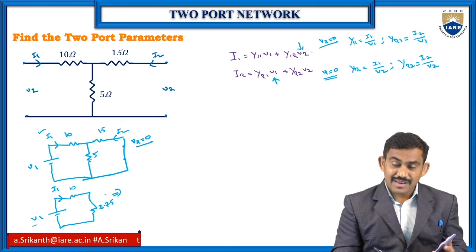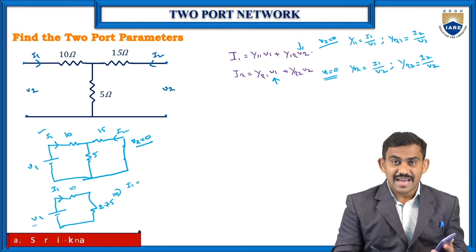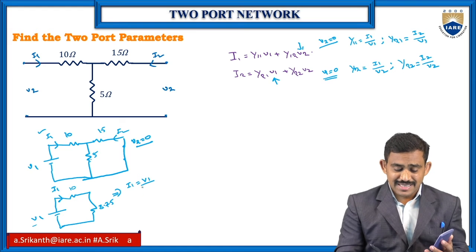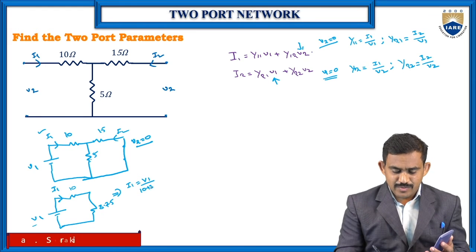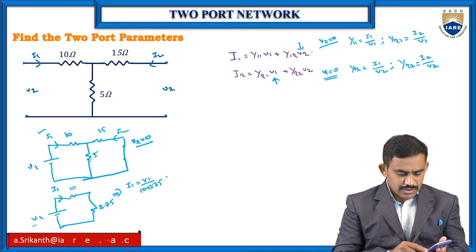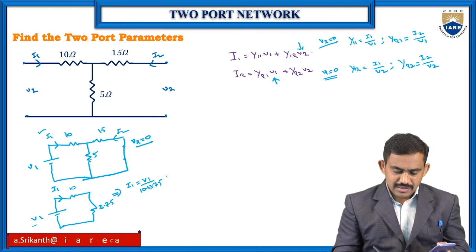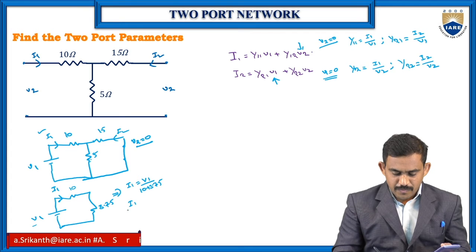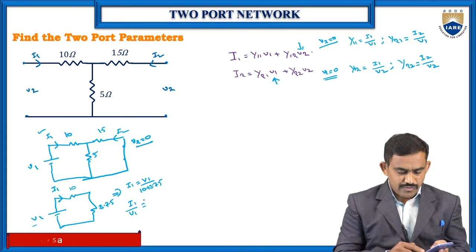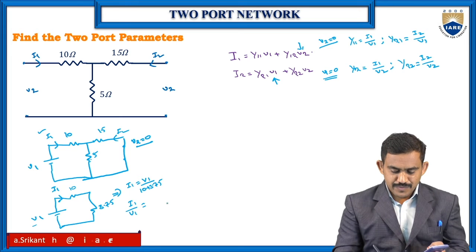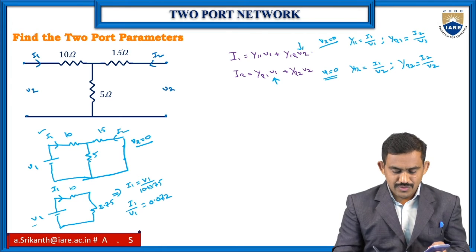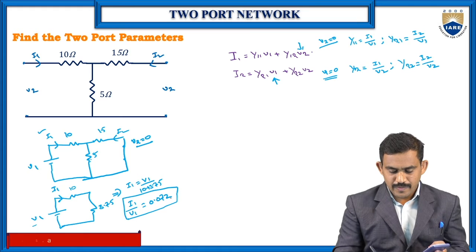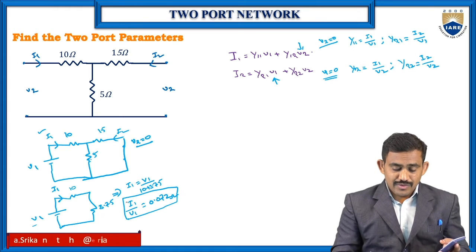Then from this I can measure the I1 value. What is your I1 value? Voltage by resistor. Which voltage do we have? V1 voltage by your resistor, 10 plus 3.75. So I1 by V1 equals 0.072 ohms inverse. Clear?